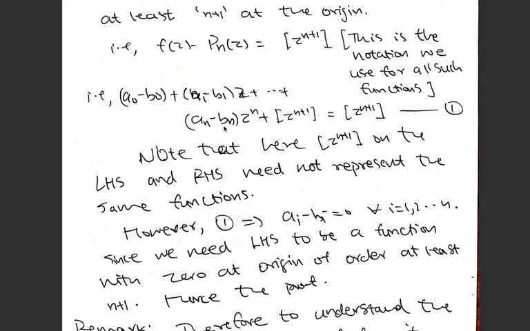Then what happens is that it's a polynomial of degree n plus a function with this property, and f(z) minus p_n(z) has this form, which is again equal to a polynomial plus a function with this property. So this happens. Note that this z^(n+1) term and this z^(n+1) term can be different. But both of them have a 0 of order at least n plus 1 at the origin. Okay.